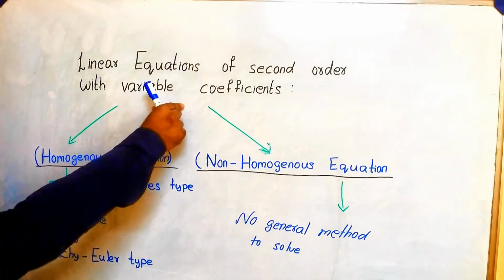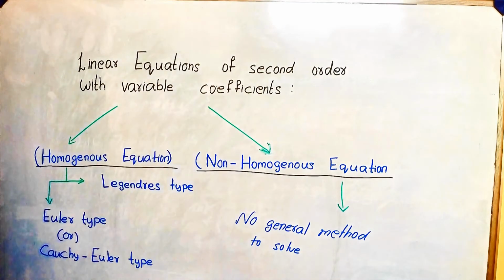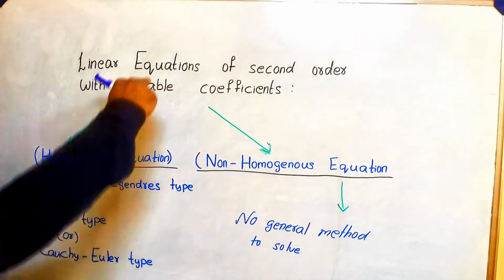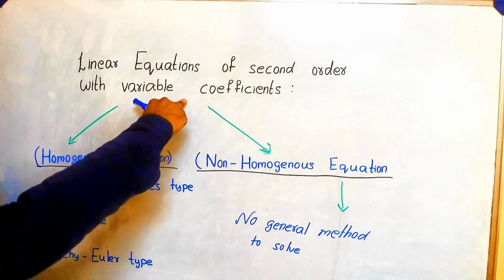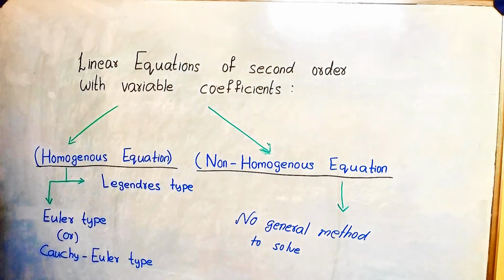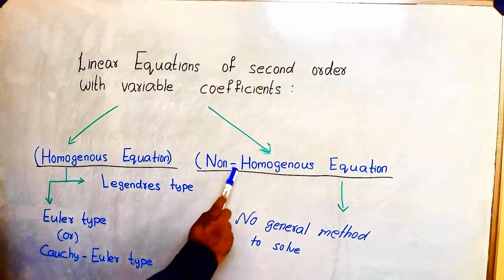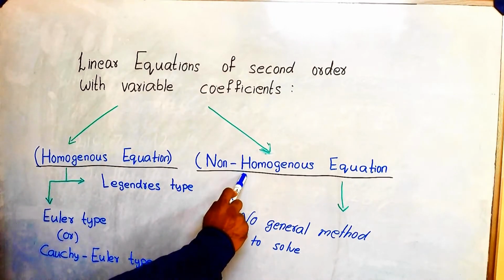So in that case, we have two types of variable coefficients, meaning the linear equations with variable coefficients are divided into two types. One is the homogeneous equation and the other is the non-homogeneous equation.